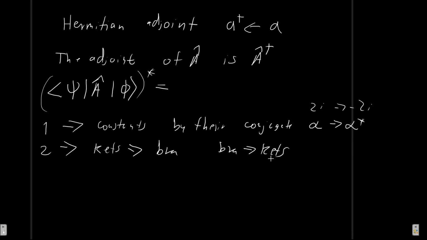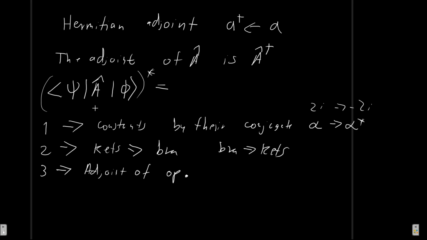That's very, very important. Step number 3 is to replace operators by their adjoints. And remember the adjoint means we have to take the complex conjugate of this operator itself, and we also have to transpose it. So take the adjoint of the operator. Those are the three steps.